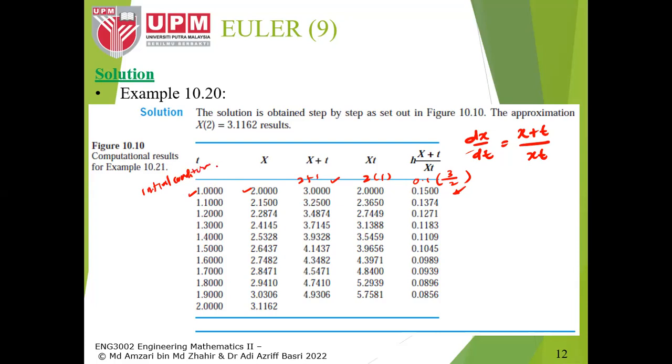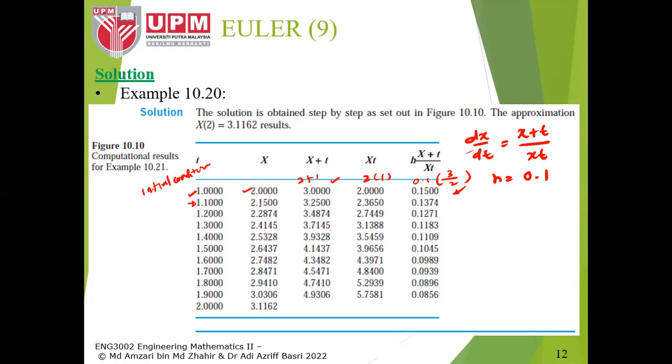Next, we know that the time step h is equal to 0.1. So now the second row will add 0.1 to become 1.1. So what is x? You need to calculate x again.